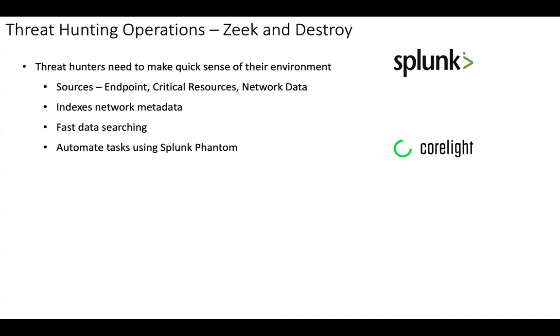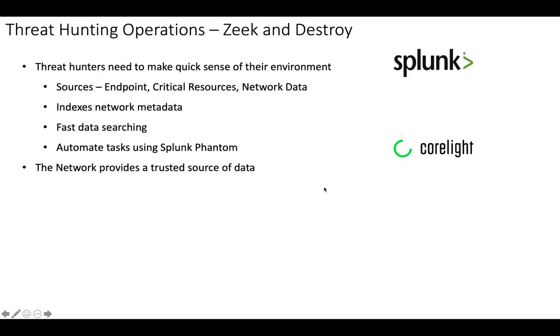Now that you have a rich set of data, you can build playbooks to automate tasks using Splunk Phantom. We'll get into how Corelight data can help with playbooks to relieve the dreaded alert fatigue. This in turn will free up more time for hunt exercises.